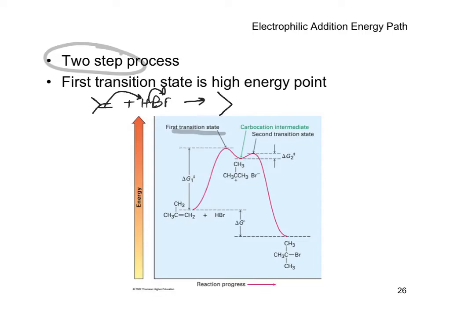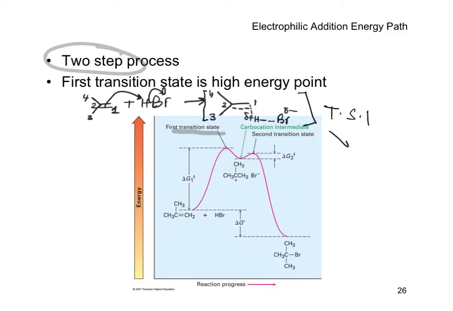This is where the bond will break between, let's say, carbons 1, 2, 3. The pi bond between 1 and 2 is going to break. The bond between 1 and hydrogen is going to be made. The bond between H and Br is going to break as well. That is your transition state. This is the structure of your transition state.